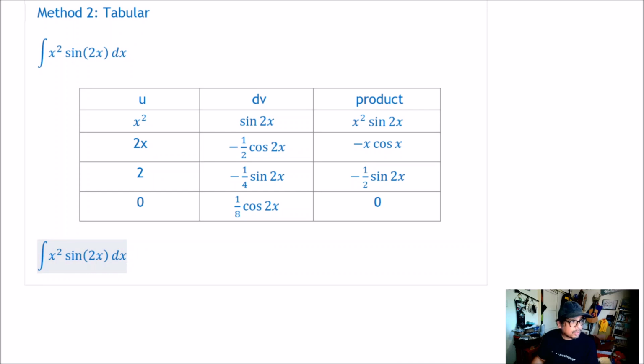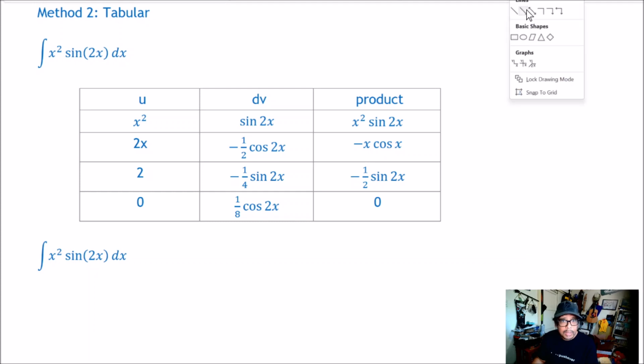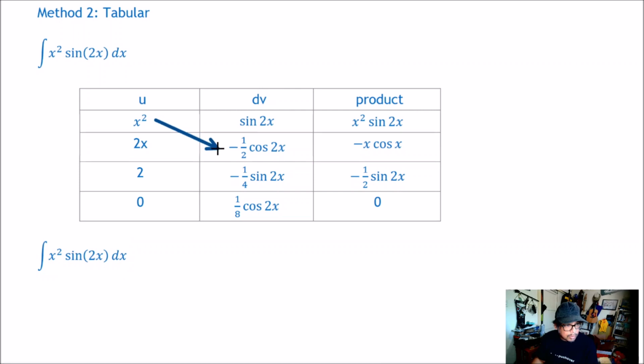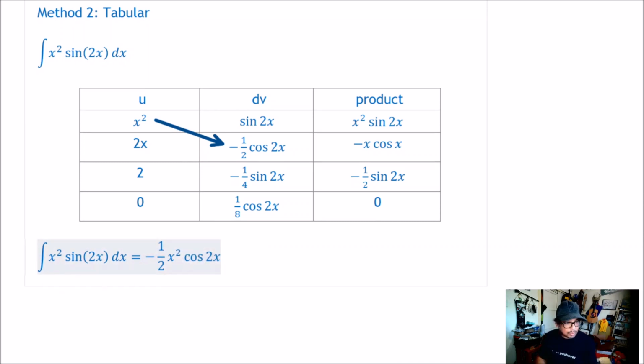All right, so the first thing which we're going to multiply together is going to be diagonal. So remember, we need to go diagonal here. We're going to multiply these two. And that's going to get me negative 1/2 x squared cosine of 2x. Okay, that's our first one.